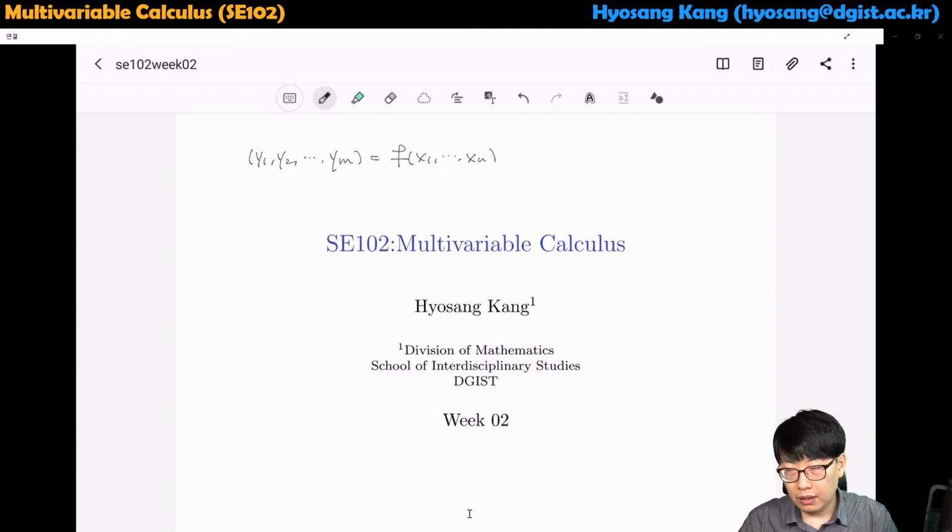But if we consider a tuple of real numbers as a vector, we can simply write the left hand side as a vector y and the inside of the right hand side as a vector x. So we can rewrite this as f, a function sending an n tuple of numbers to an m tuple of numbers, which is vector to vector.